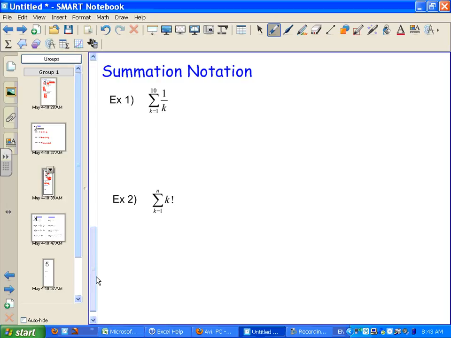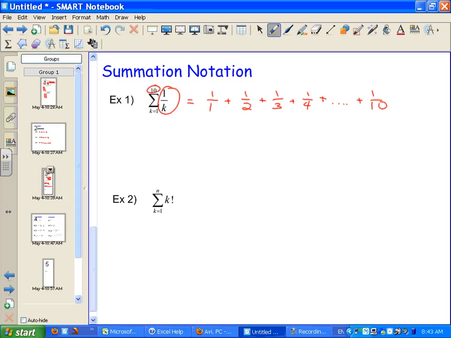This is my formula, and I'm supposed to stop at 10. So what this is really saying is I'm supposed to take this and go, all right, this is 1 over 1, plus 1 over 2, plus 1 over 3, plus 1 over 4, plus all the way up to 1 over 10 is where I get to stop.